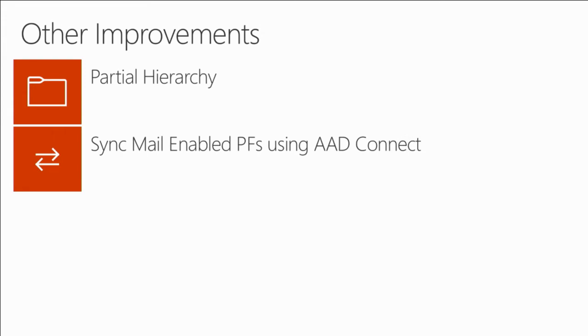Moving on, we worked on AAD Connect changes. Now you can sync mail enabled public folders from on-prem to Exchange Online using the latest version of AAD Connect. From version 5.2.4 onwards, this is available as an optional feature, and once you enable this feature, all your mail enabled public folders from on-prem get synced to Exchange Online.